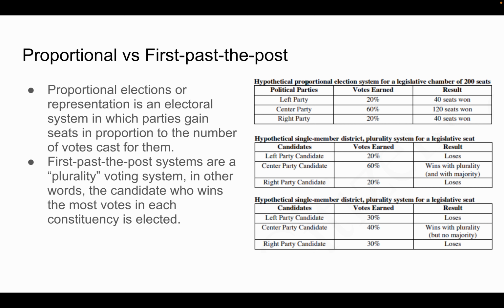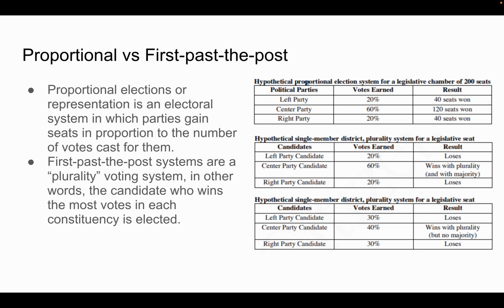If you take a look at the chart on the screen, this is a hypothetical proportional election system for a legislative chamber with 200 seats. The party names are typically what you would find on the ballot. For this hypothetical situation, you just have the left party, center party, and right party.